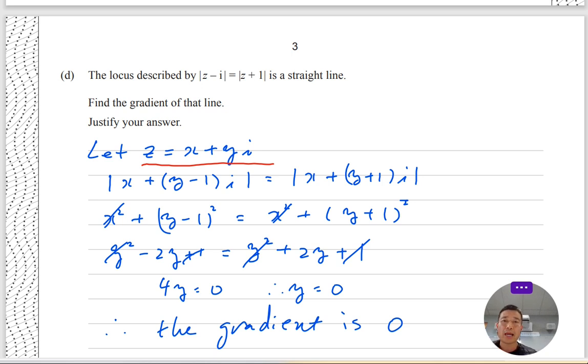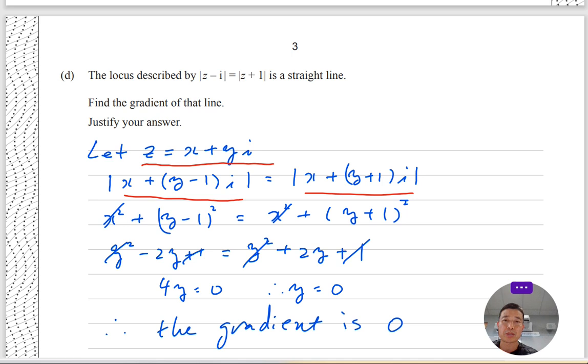Then you plug x plus yi into z. So I simplify the inside, so real part and the imaginary part, right hand side as well. And then because it's a modulus, square root of real part squared plus imaginary part squared, both sides. So I square root at the same time.